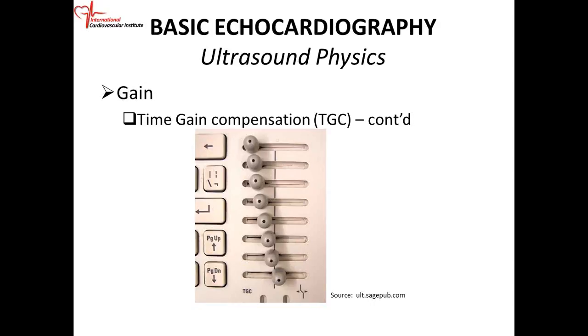Those are the buttons we're talking about. All right? You must have seen these buttons on the echo machine. Right. So what you do, the deeper structure where you have attenuation because of this depth, you increase the gain. Because you don't want to increase the overall gain, because the structures that are superficial are going to be too bright, right?